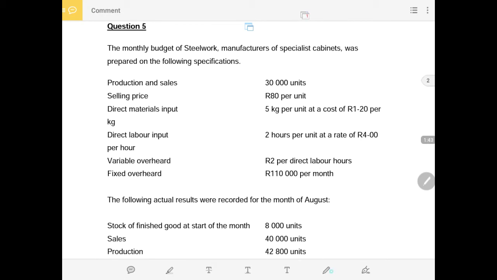We know we are to do the budgeted income statement and the variances, only the variable ones: direct material, which is divided into price and usage, labor divided into rate and efficiency, and variable overheads divided into rate and efficiency. So now these are the variances that we're looking at.